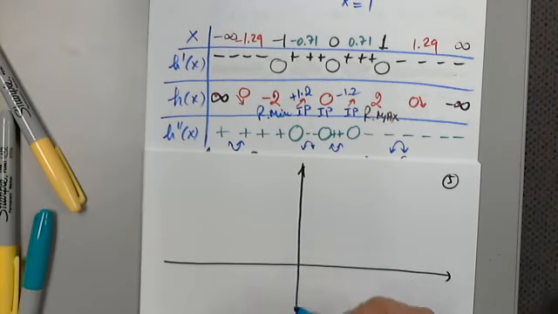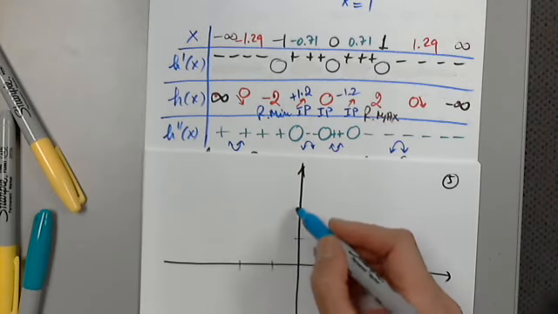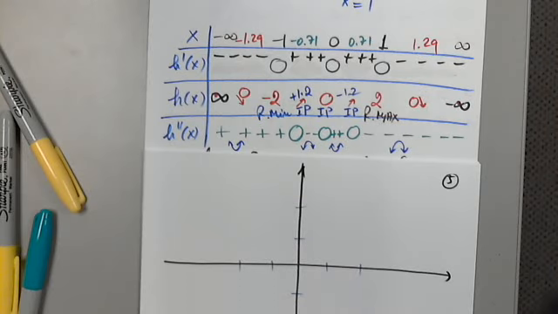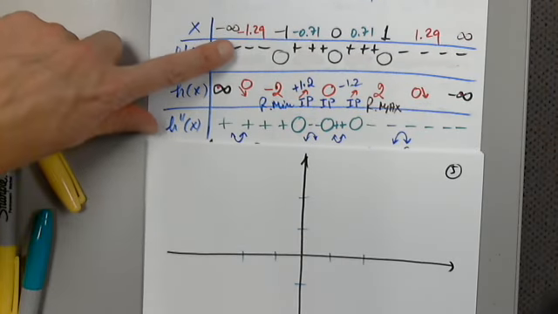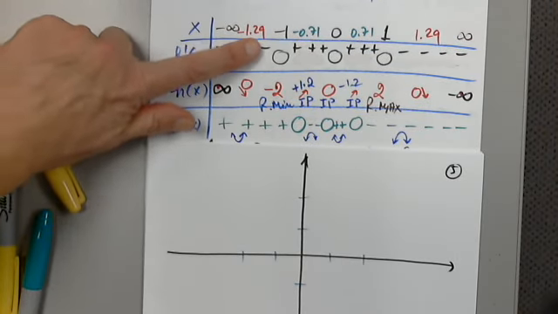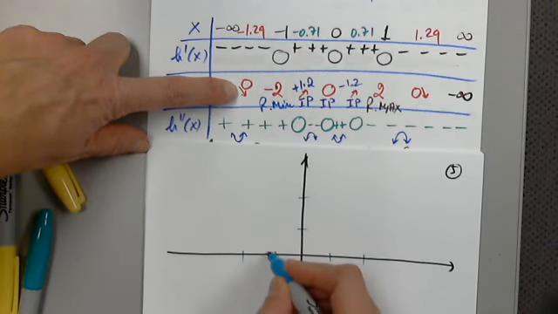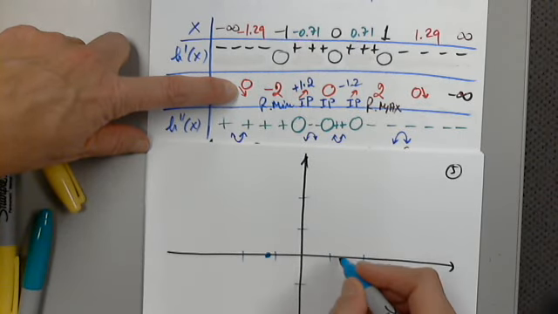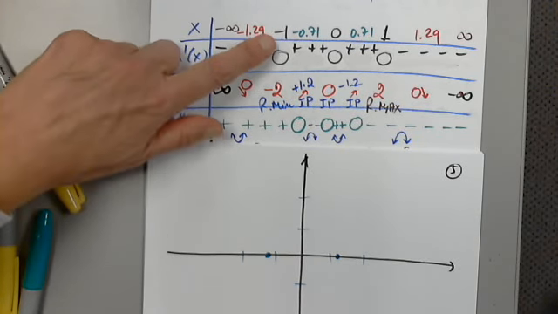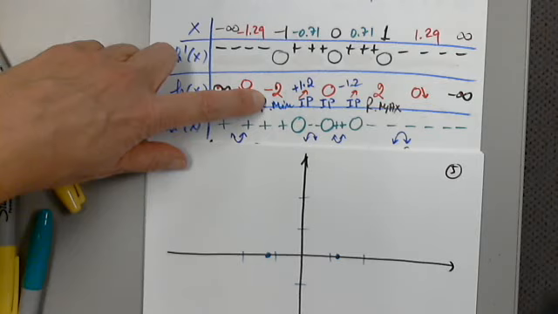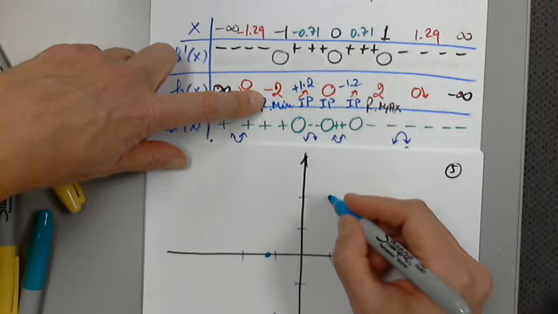Okay, so I'm going to say this is 1, 2, 1, 2, and then 1, 2, 1, 2. I will plot the first point, which is negative 1.29, 0. I'm going to say it's this, and then the other one on the other side, which is this. I'm going to plot negative 1, negative 2, which is right here, and 1 comma 2, which is right here.